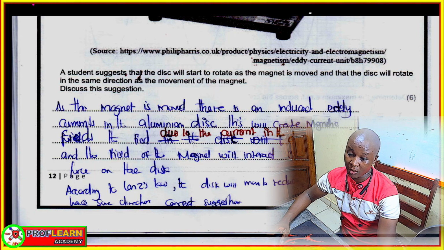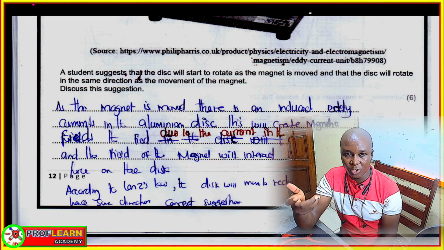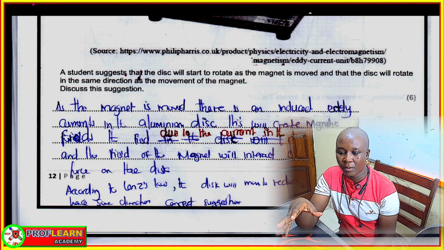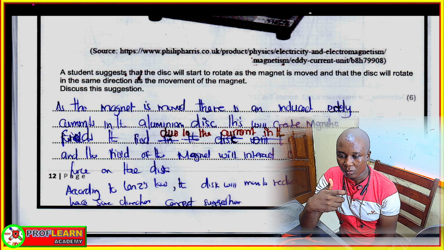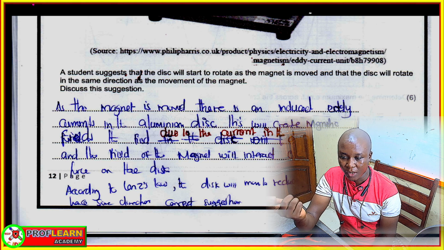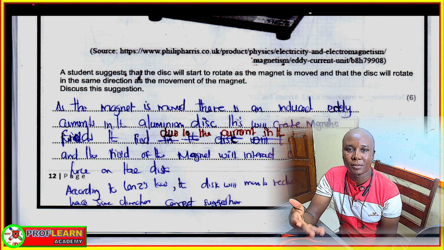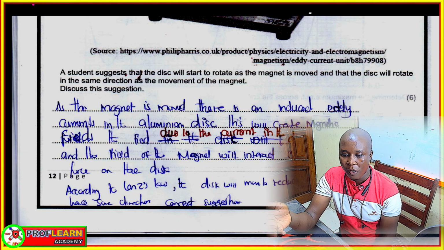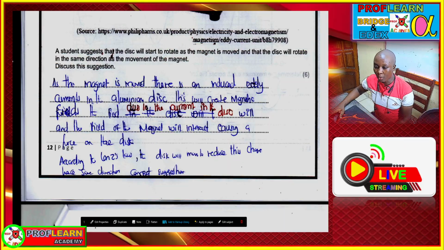Yeah, the student was making a right observation, because as the magnet is moved, there are induced eddy currents in the aluminum disc, and this is going to create a magnetic field due to the current in the disc. And the field of the magnet will interact with the field that has been created by the current in the disc. According to Lenz's law, the disc will move to reduce the change that is producing it.